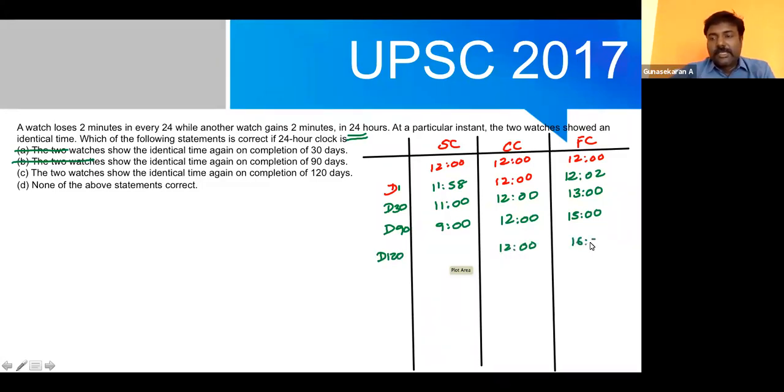It will show 16. It will show 8. So wrong answer. So none of this is the correct answer. At 120 days, the fast clock will show 16 and the slow clock will show 8. Understand?